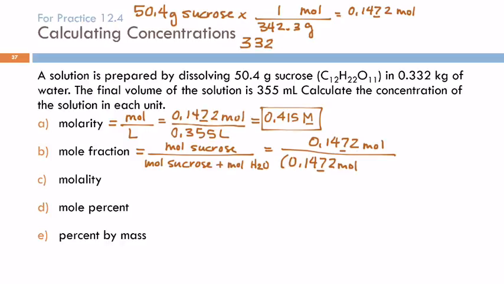So 332 grams of water. And now I need the molar mass of water, grams on the bottom, moles on the top. I've got that one memorized, it's 18.02. So 332 divided by 18.02. Again, this should have 3 sig figs, so this is 18.4, and I'm going to carry that extra one. So that goes down here, 18.42 moles.